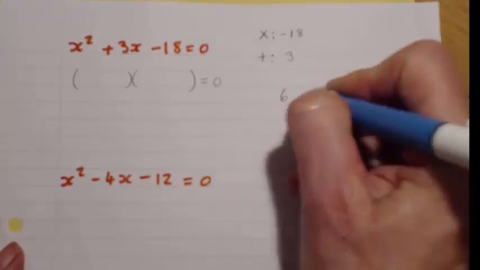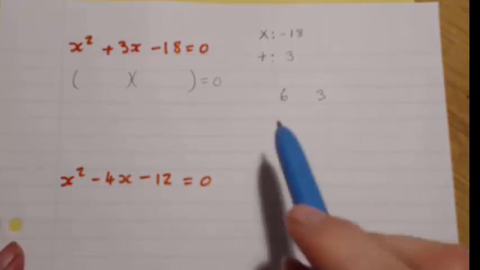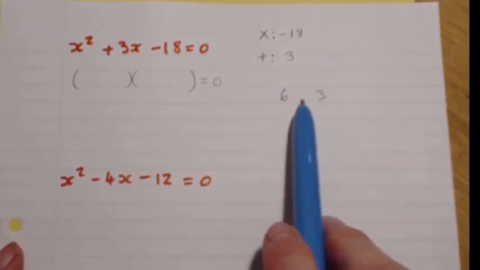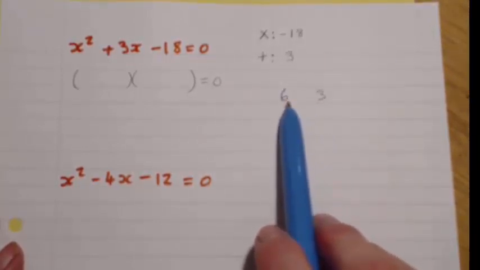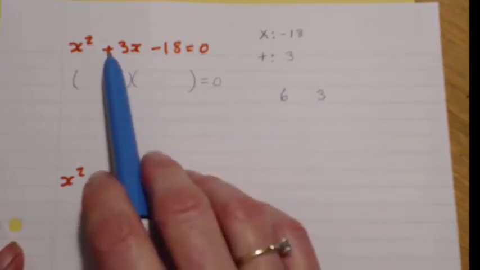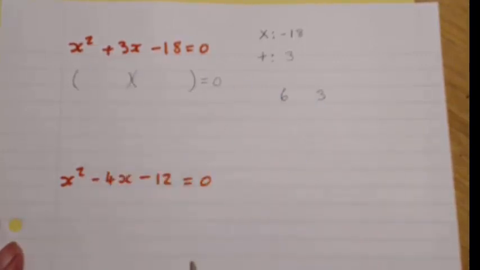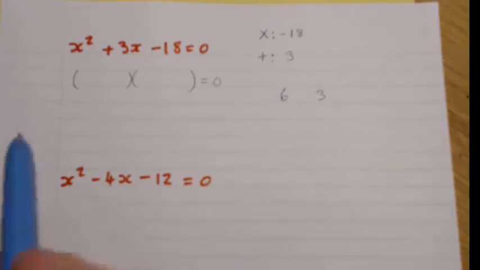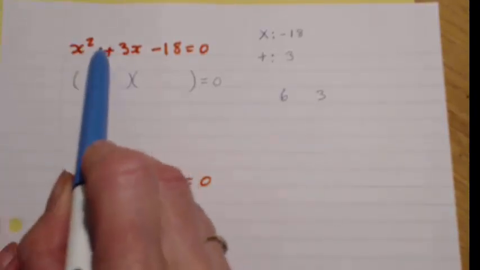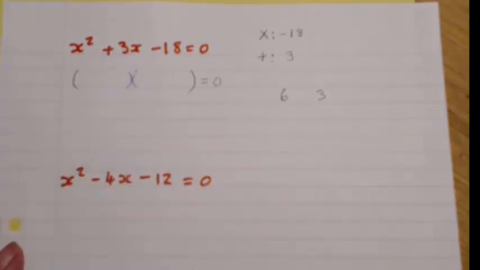Well, it's going to be 6 and 3. But which one's going to be negative? That's the question. Well, if we're going to add them together and they become positive, then the biggest number must have been positive. It's the one that wins out. So the biggest of them is always the same sign as that second term.